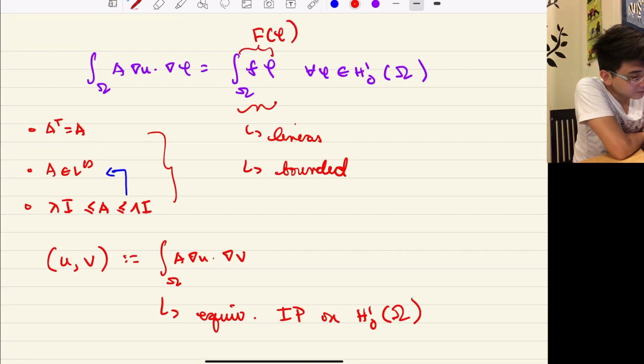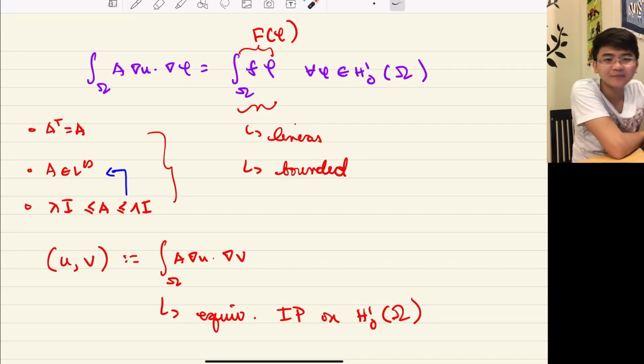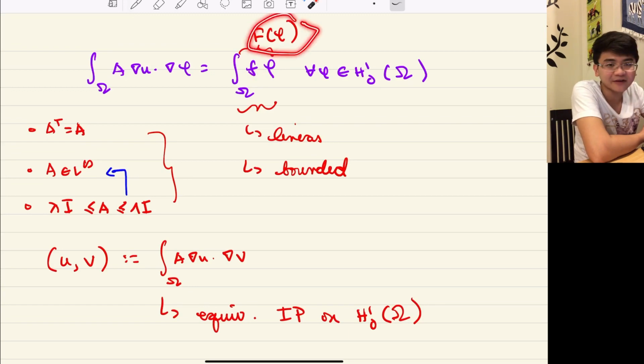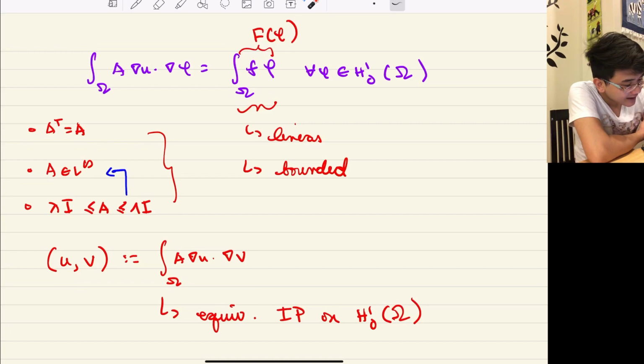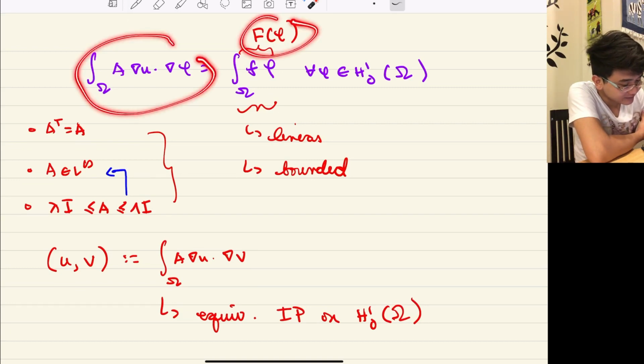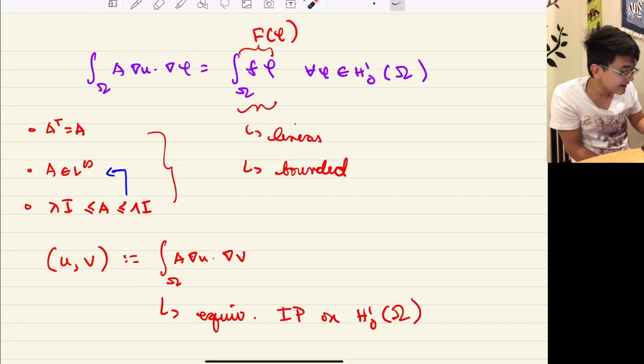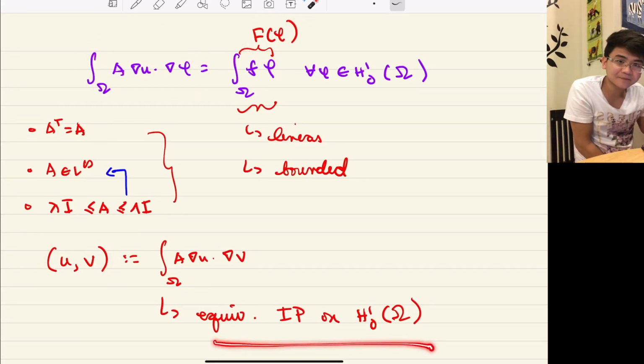Okay. So this is a linear functional Fv. So what do we have here? I have a linear functional. If f is known, this defines this linear functional Fv. I want to find u such that Fv is equal to this, which is an equivalent inner product in H10.